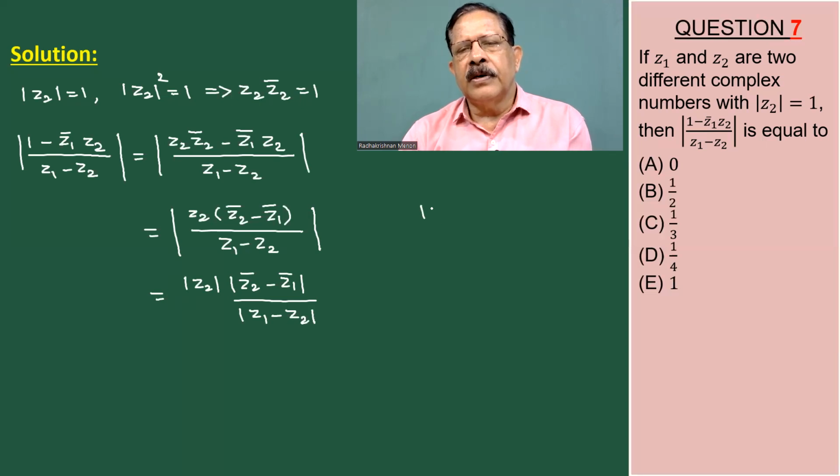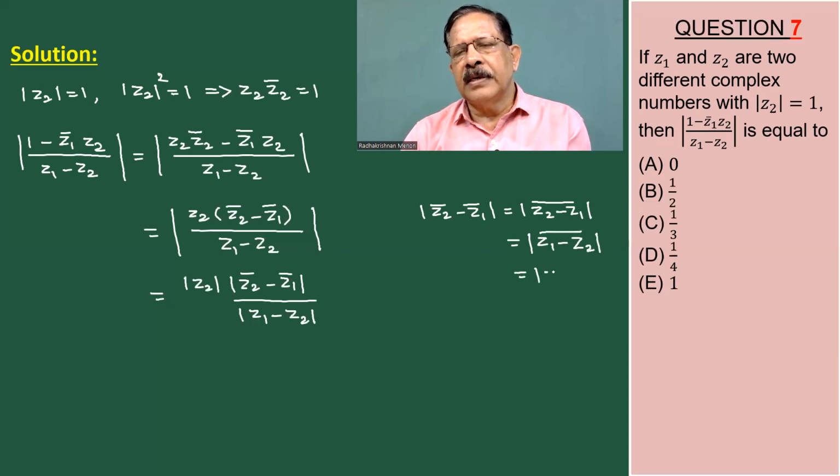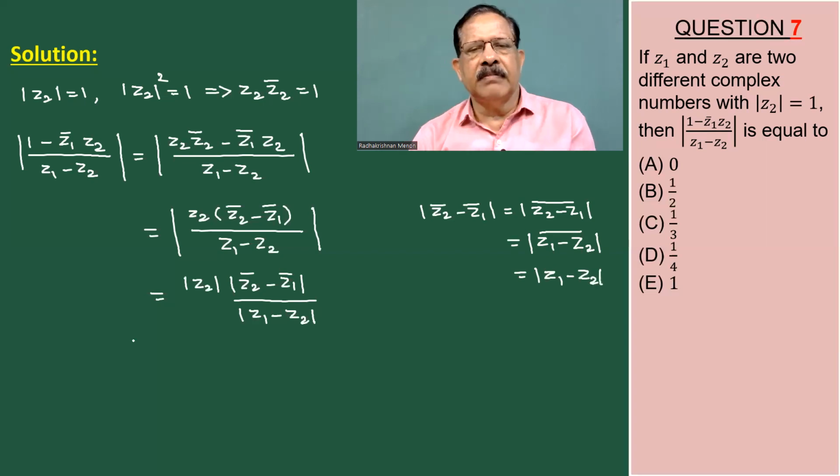Now, modulus Z2 bar minus Z1 bar is equal to modulus Z2 minus Z1 the whole bar, or again you can write this as modulus Z1 minus Z2 the whole bar, which is the same as modulus Z1 minus Z2. These are properties of modulus of complex numbers.